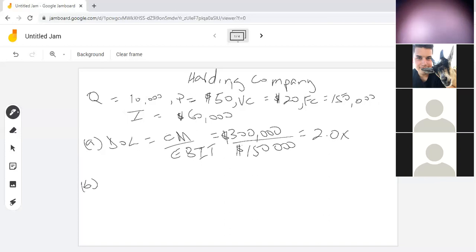For B, degree of financial leverage is equal to earnings before interest and taxes over earnings before taxes.